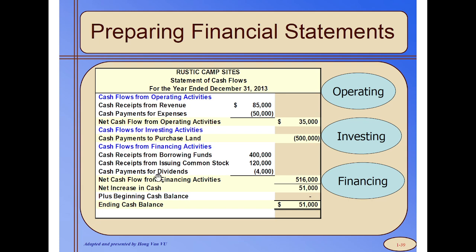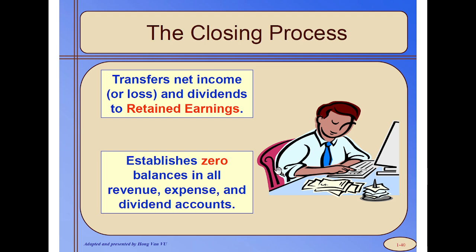Before moving on, it's important to understand the closing process at the end of an accounting period. We close all of the temporary accounts, that's the revenue, expenses, and dividends, to retained earnings.